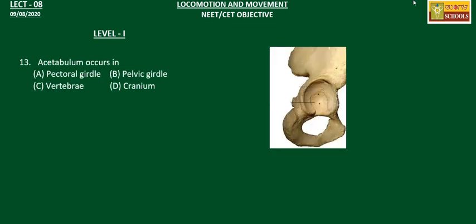So the next question: acetabulum occurs in. The acetabulum is a part of the pelvic girdle, and you can see here this portion is the ilium and this portion is the ischium.